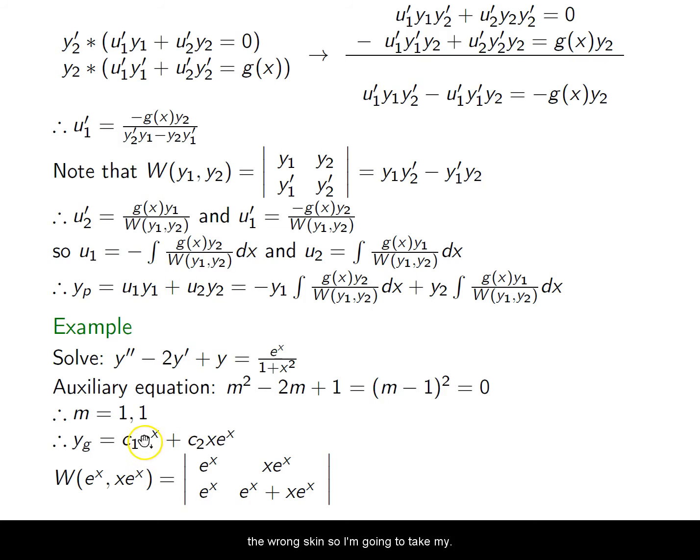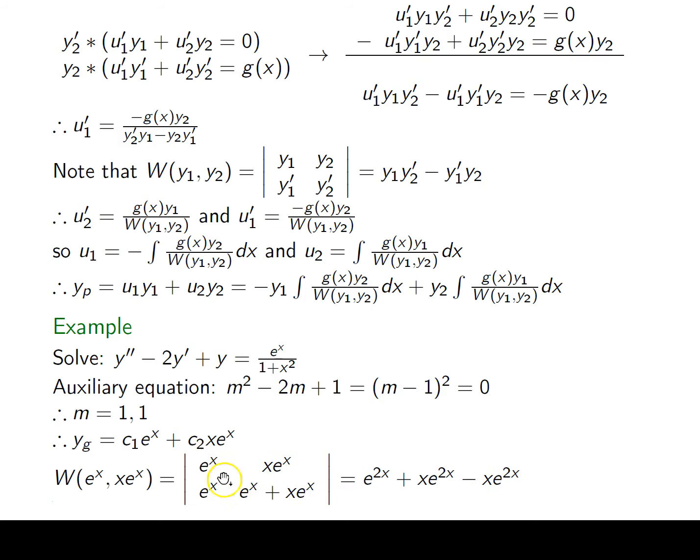So I'm going to take my two solutions from the auxiliary equation, and I'm going to find the Wronskian of those. So e to the x, its derivative, x e to the x, its derivative. I multiply these two, and then I subtract the product of these two. So this is e to the 2x plus x e to the 2x minus x e to the 2x.